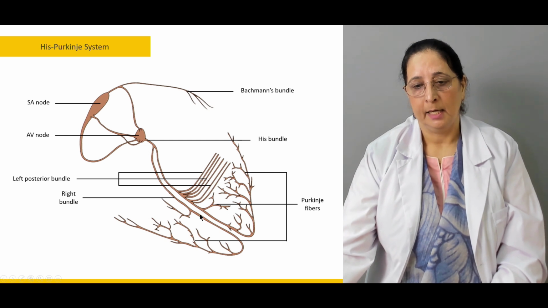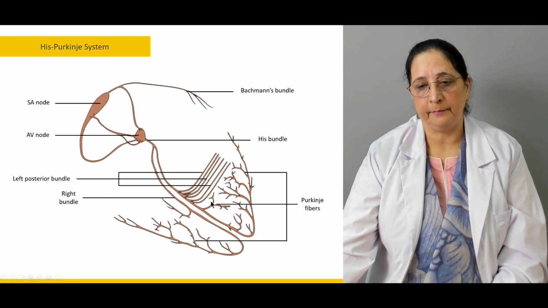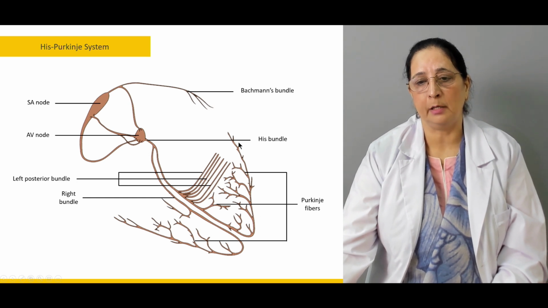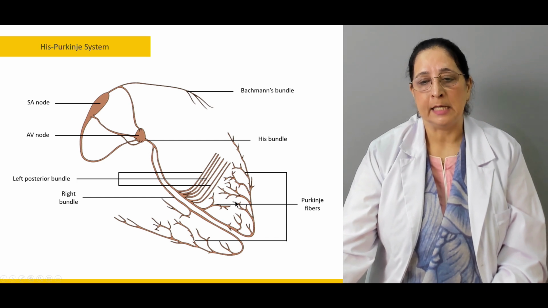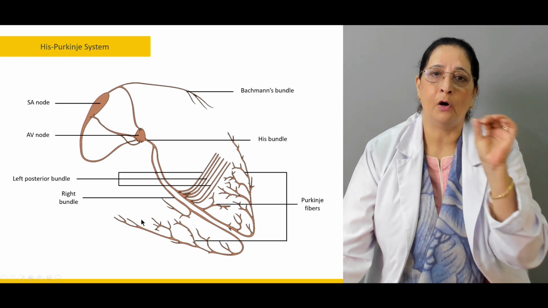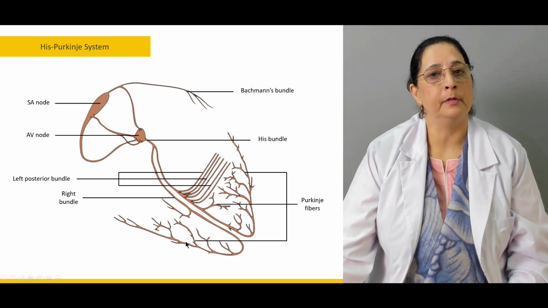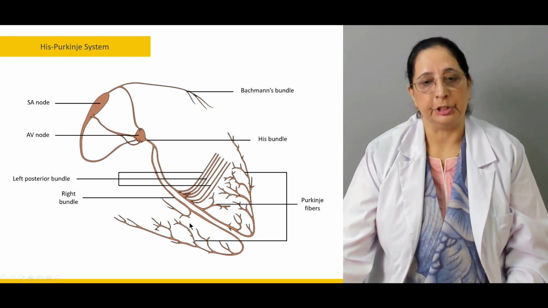You can see the right and left bundle branches give smaller branches known as the Purkinje fibers, which go to all the muscles of the heart and are responsible for the conduction.